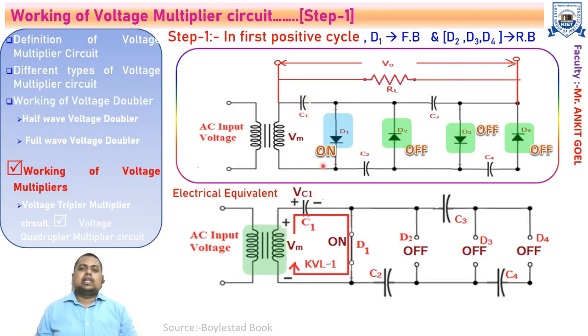So making the electrical equivalent in this step, replacing the on state diode D1 with the short circuit, and diodes D2, D3, D4 which are in the off state will be replaced by the open circuit. So just apply the KVL in the clockwise direction. You will get the voltage across the capacitor Vc1 as Vm. Right. So the capacitor C1 will hold the peak input voltage, that is Vm.